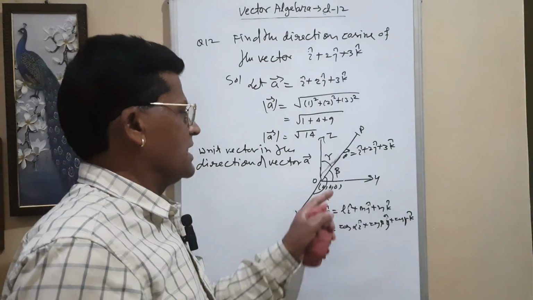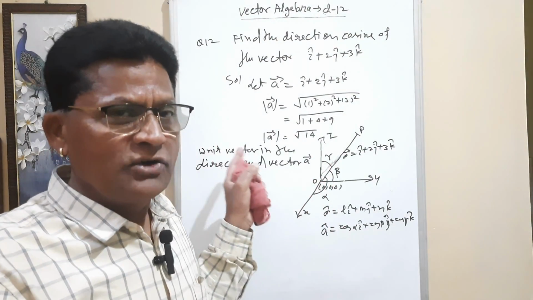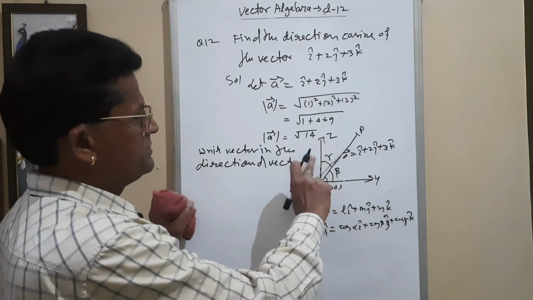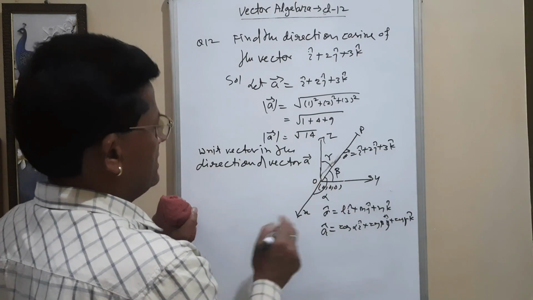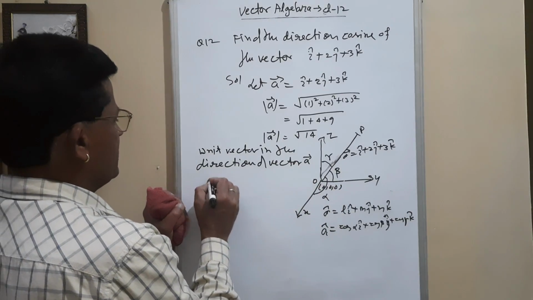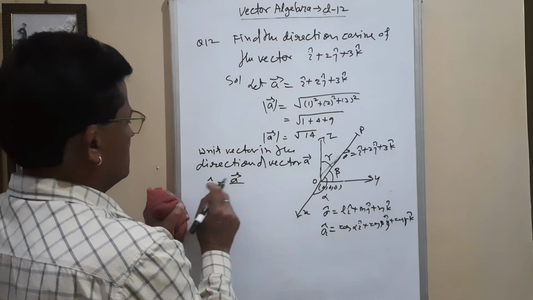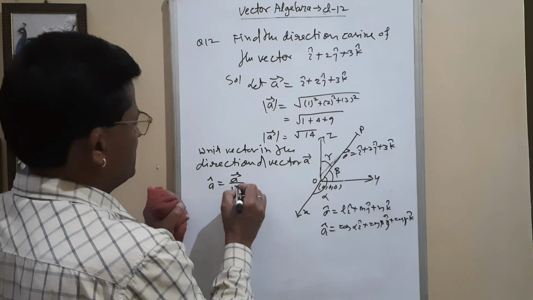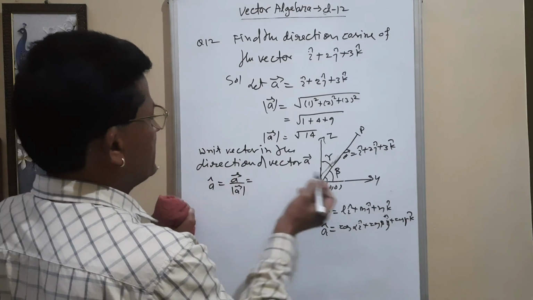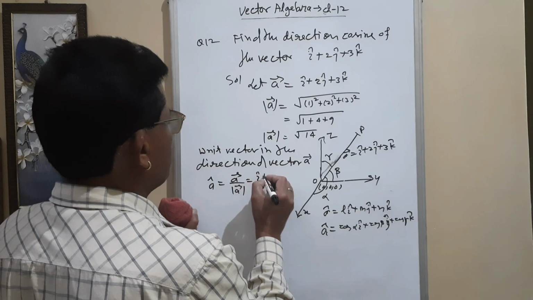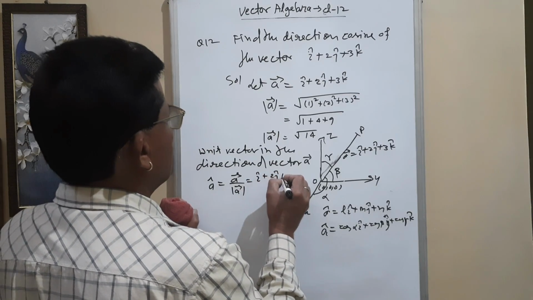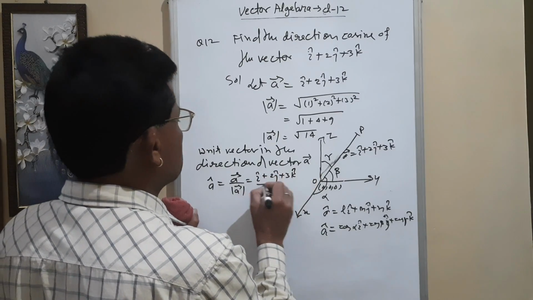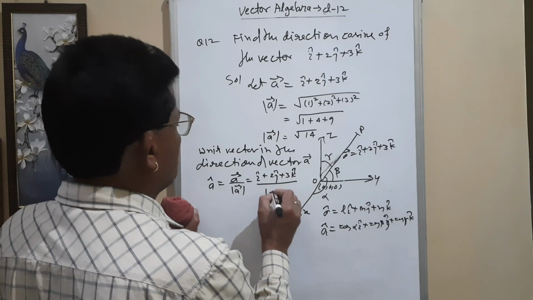I have already told you what alpha, beta and gamma angles are. Unit vector A will be equal to vector A divided by its magnitude, which is I plus 2j plus 3k upon the magnitude of A.